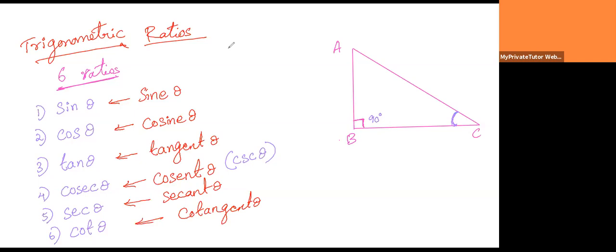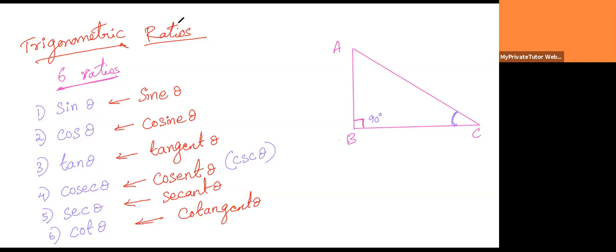For example, if you want to find the height of a tower, or the angle at which you are looking at the tower, or find the hypotenuse side of a ladder, all these basic real-time examples or word problems will be done using these trigonometric ratios and the Pythagoras theorem.